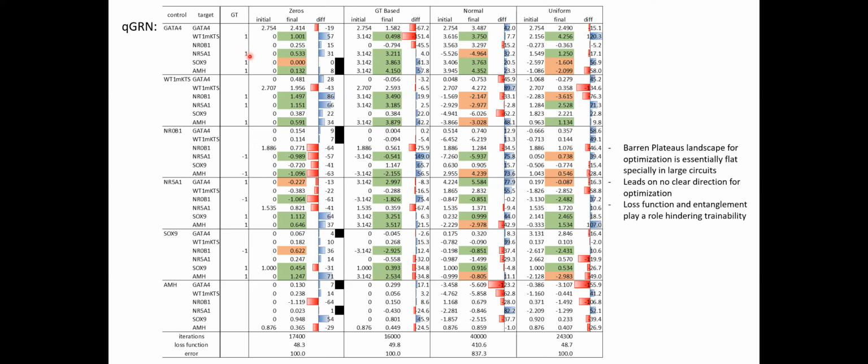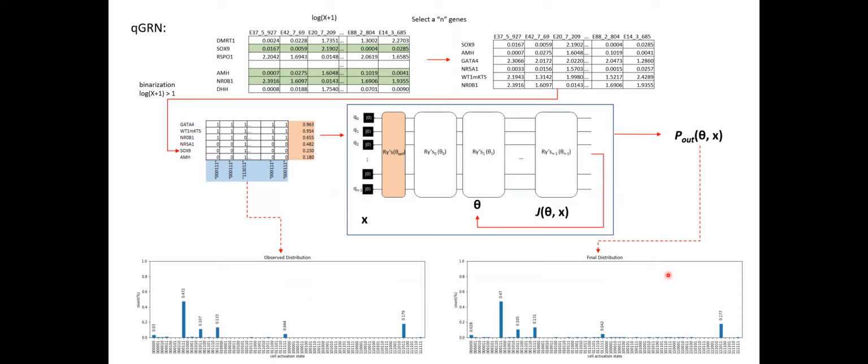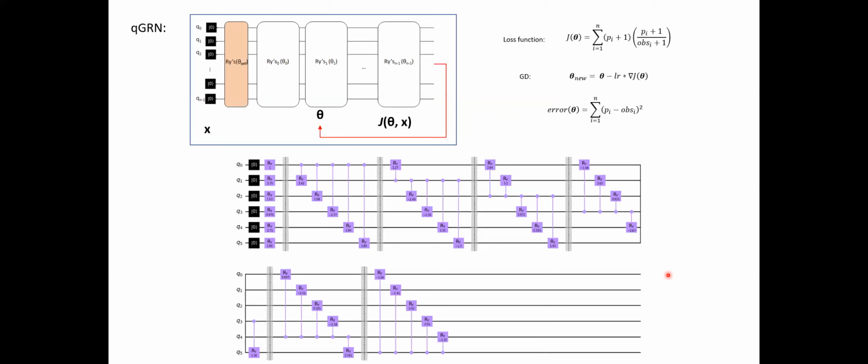It's quite close to the one that we know from ground truth. And that's the goal of this pipeline, of this project: to have a model that we can construct in quantum computing, it means in a quantum circuit, in order to model a gene regulatory network.